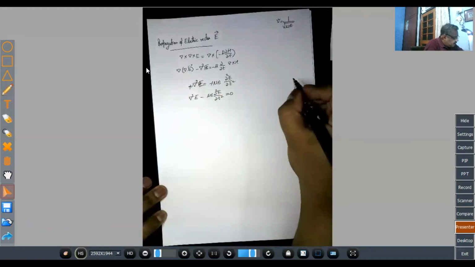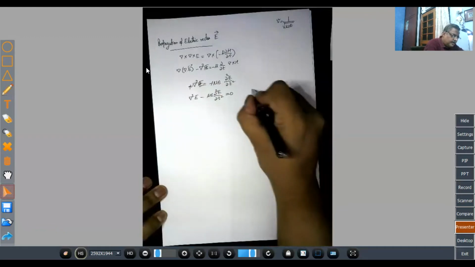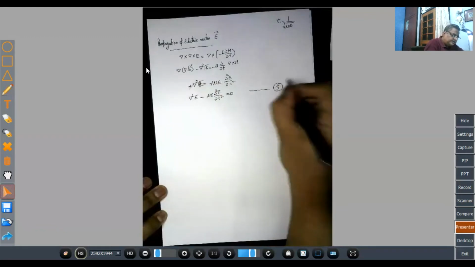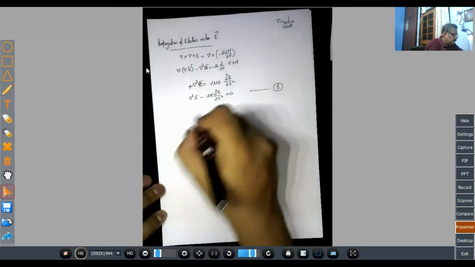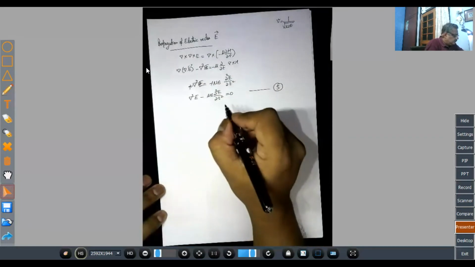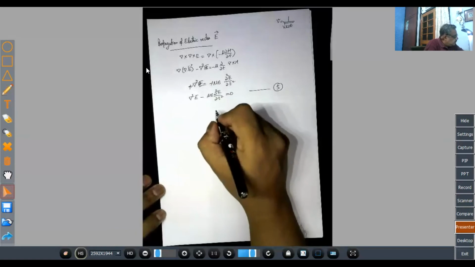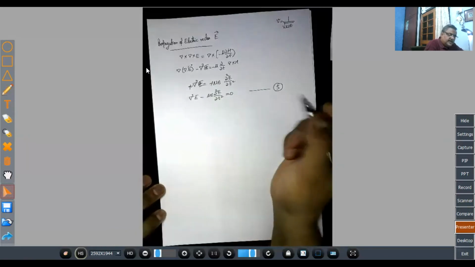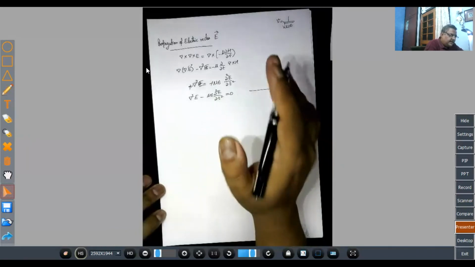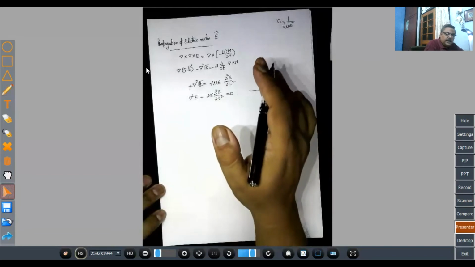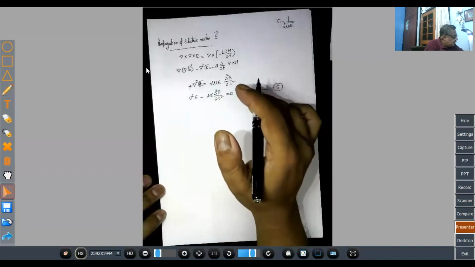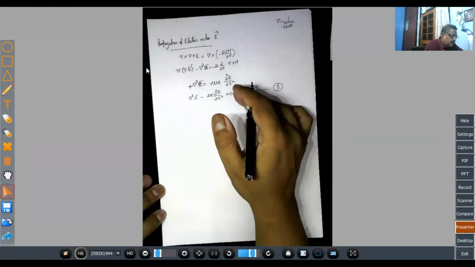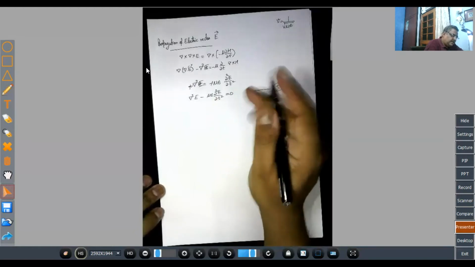We will call this equation 5. So these equations, the equation 4 and 5 are the wave equations representing the propagation of the electric and magnetic vectors.